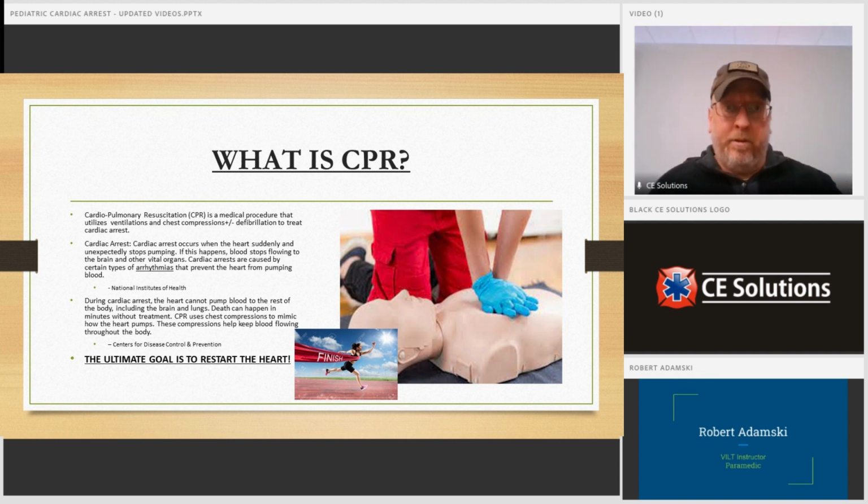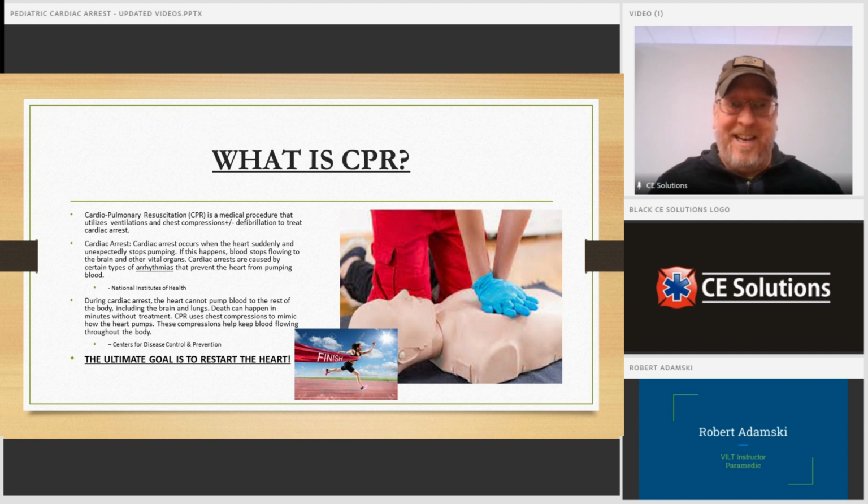Okay. And remember, the ultimate goal for cardiopulmonary resuscitation is to restart that heart. That's what we're trying to do. Because once we restart the heart, we regain that normal heart rhythm that will sustain life, that's going to provide effective perfusion to our vital organs, your heart, brain, kidneys, etc. All right. That gives us the opportunity to have what we call ROSC, the holy grail of resuscitation.